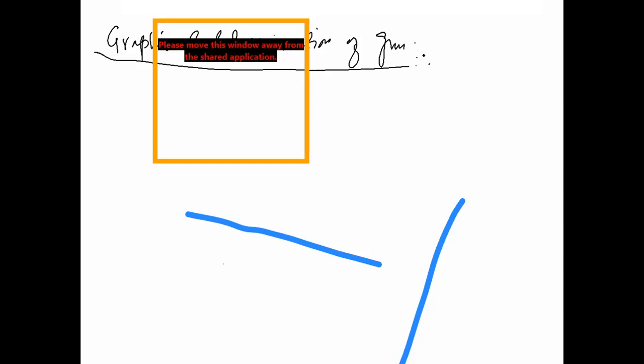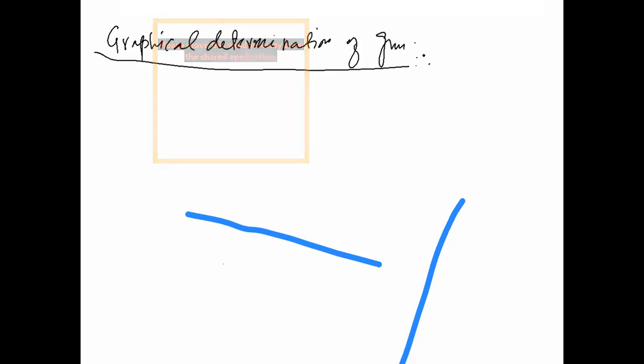How do we determine the Gm graphically? Is the slope of transfer characteristics at the point of operation or Q point, that is quiescent point.